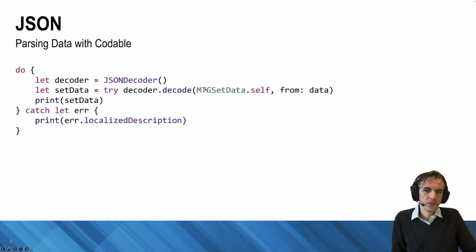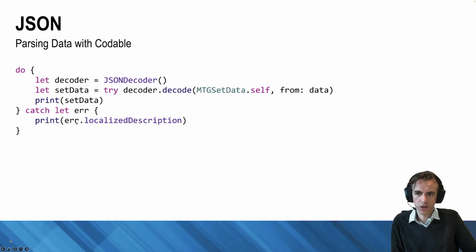If instead the JSON returned us an array of these objects, all we would do is put brackets around the mtg set data here and then do .self, and it would decode it into an array of these objects. So it's quite powerful. Once you've done that, that's it. You've got now an object here that will be an instance of the class, and the decoder will have produced that for you.